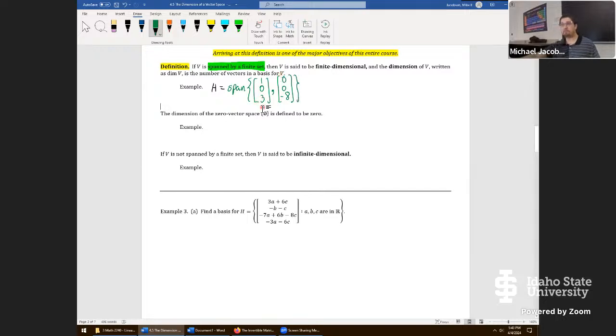But automatically we can say, well, let's span by a finite set, exactly 2 vectors. And those vectors are not multiples of each other. You can tell already from row 1, if you go from 0 to 1, then they're absolutely non-multiples. So they're also linearly independent at the same time, no row reduction necessary. So this tells us that H is finite dimensional.